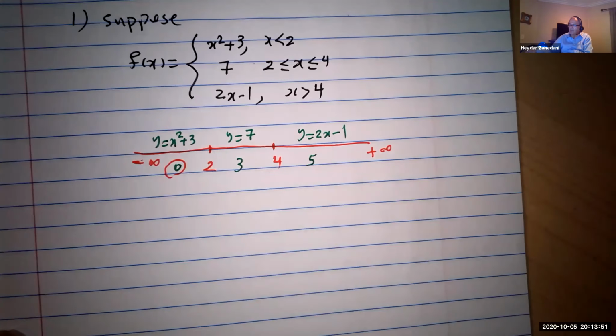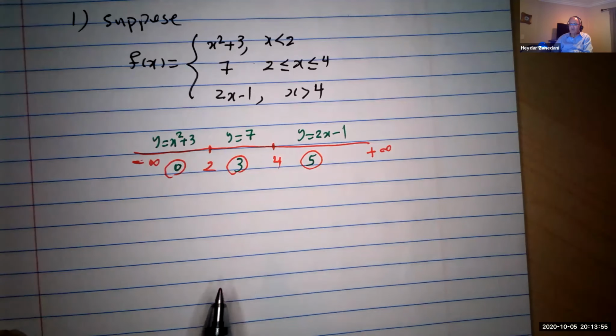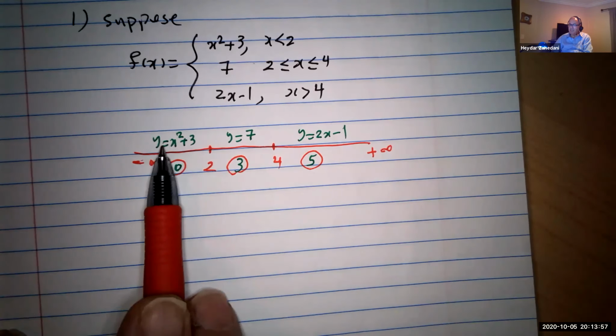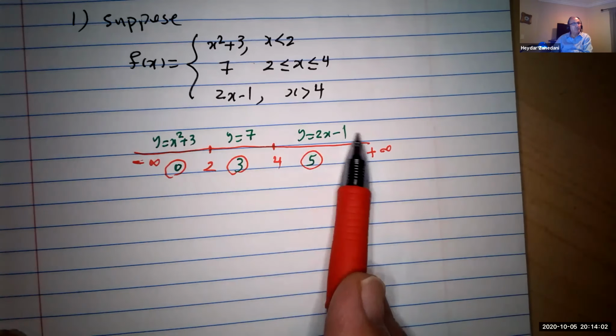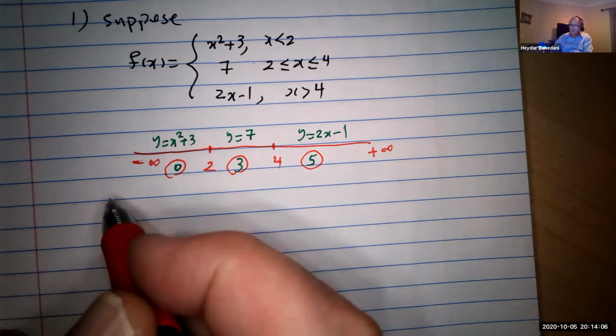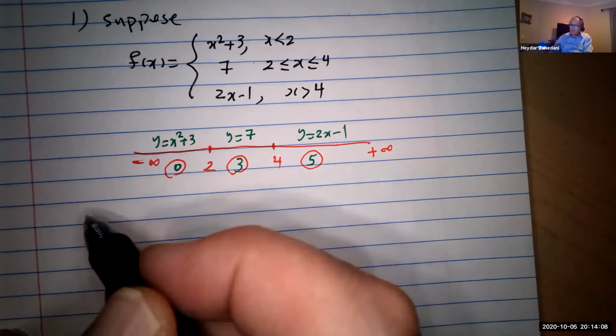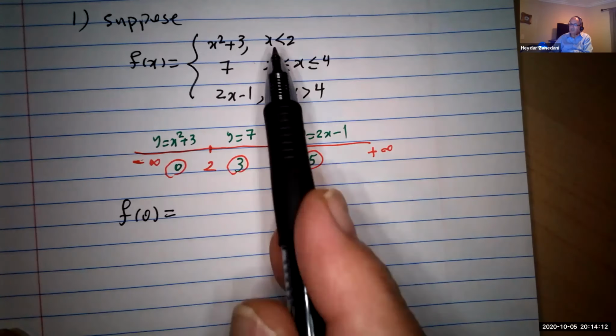We may give you more numbers. So these are the inputs, and this is the output. Input, output, input, output. Make sure you use only one formula. So if you want to find f of 0, you are going to be in the first bracket because 0 is less than 2.